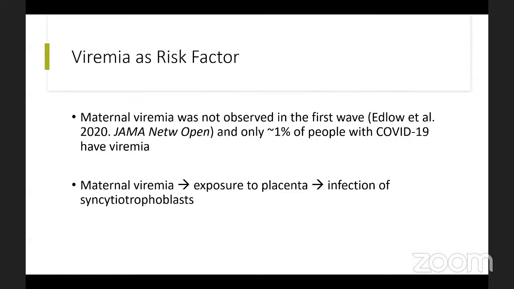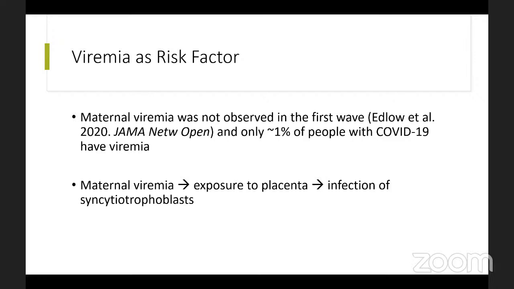The reason this viremia finding is somewhat significant is that maternal viremia was not observed in the first wave of SARS-CoV-2. In 2020, there was a decently large study, I think 124 patients, by Edlow et al. in JAMA, that said none of the mothers displayed viremia when their blood samples were taken at the time of infection.